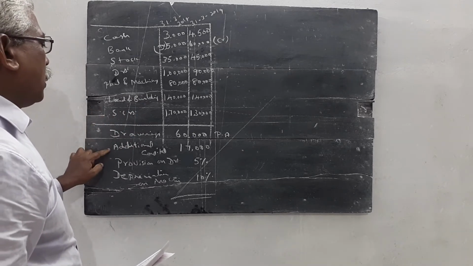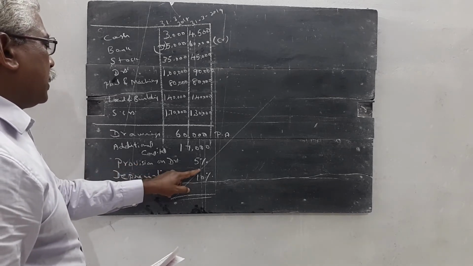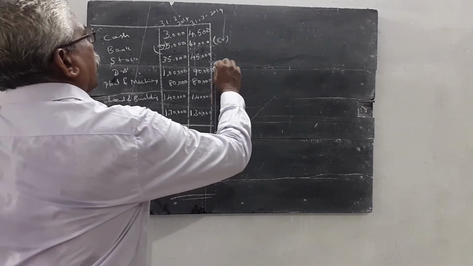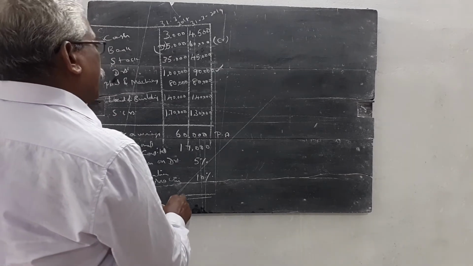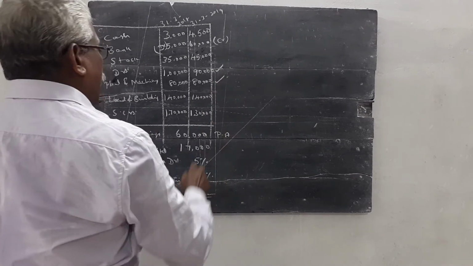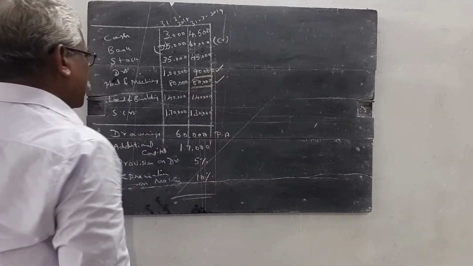Additional capital 17,000. Provision on debtors 5%: this 5% provision is calculated on the closing amount. Very, very important. Depreciation on machinery: this machinery has 10% depreciation, calculated on the closing balance.